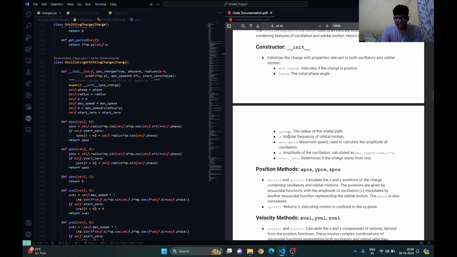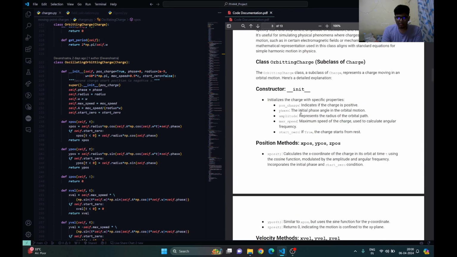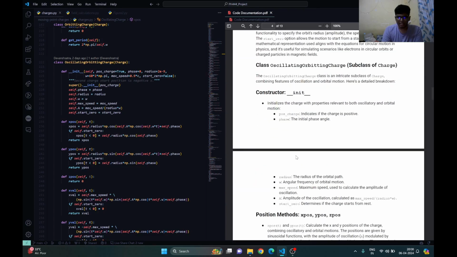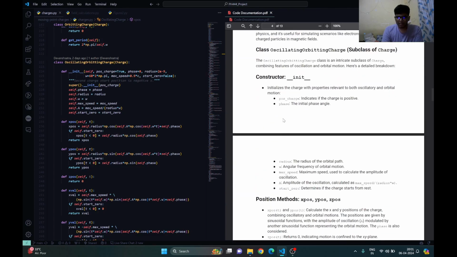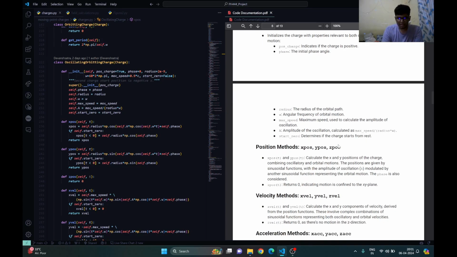The only change is you can define an angular frequency of the orbital motion instead of the max speed and everything like that that you did in the first one. So here you can define the angular frequency of the orbital motion and the amplitude of oscillation at each point, which is defined by max speed divided by the radius times omega.